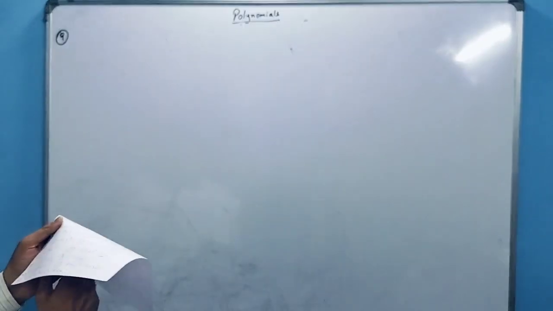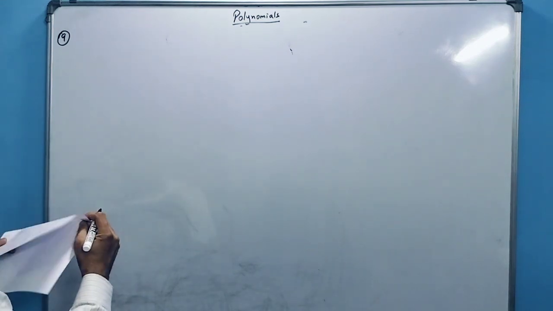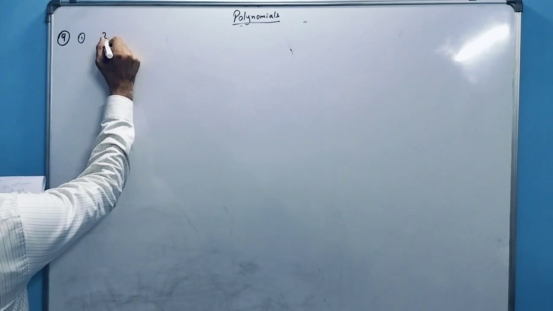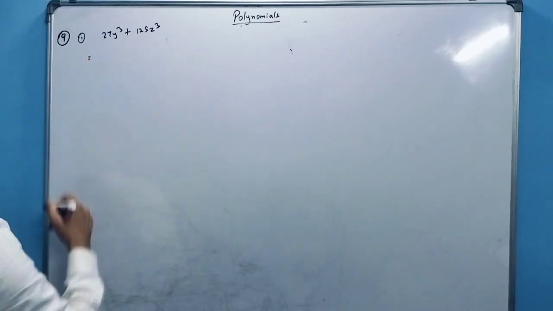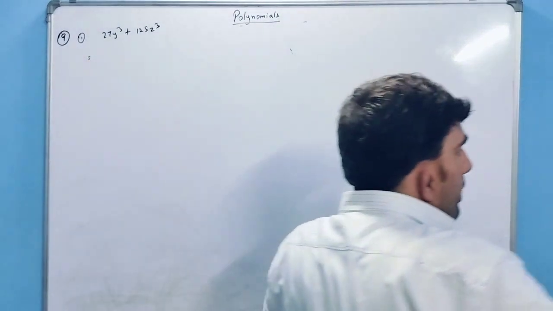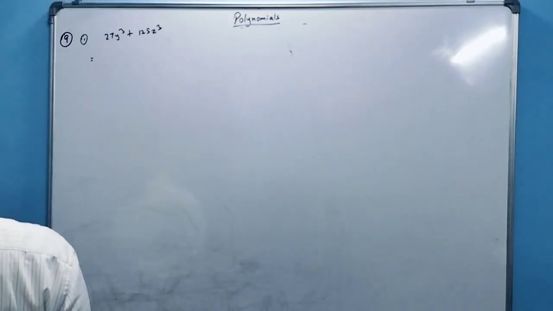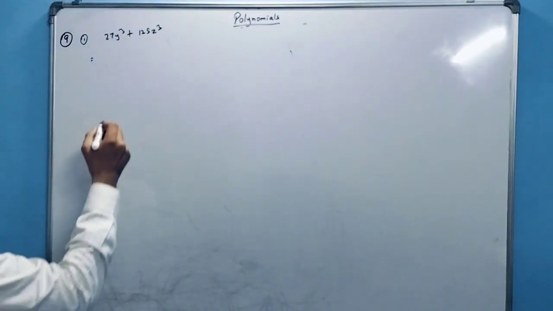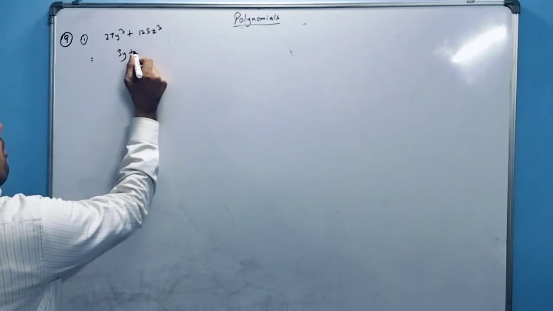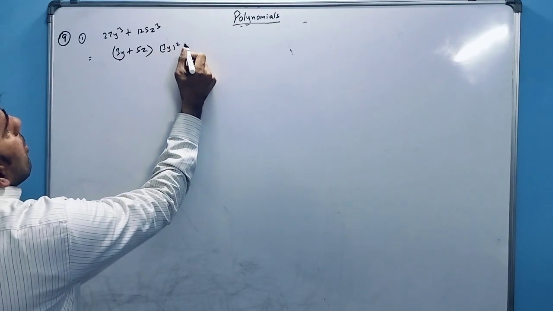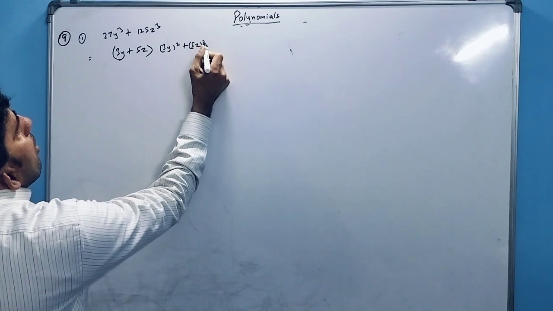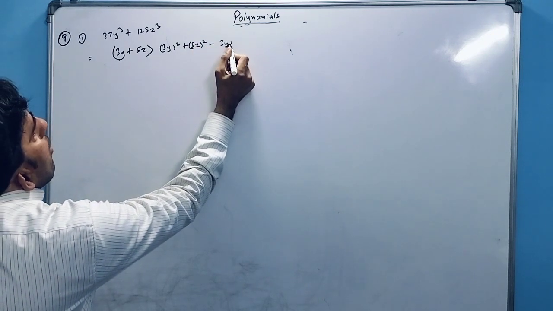The next question we have, we need to factorize. They are asking about 27y cube plus 125z cube. So the identity here we need to apply is a cube plus b cube. Till now I have applied the identity a plus b whole cube. Now here I will try to solve a cube plus b cube. So it will be a plus b into a square plus b square minus ab.